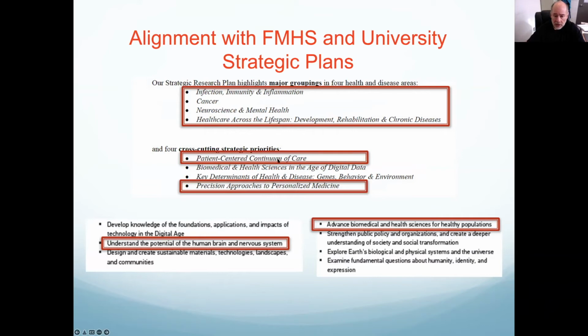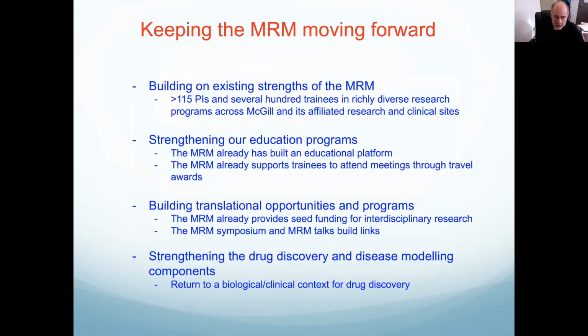Patient-centered continuum of care: what I've been talking about are precision approaches to personalized medicine and patient-centered medicine. And then understanding the potential of the human brain and nervous system. I've talked a bit about heart, but there are many efforts at McGill to model disease in the nervous system, right? And then advanced biomedical and health sciences for healthy populations. I think that we fit really well into the university's strategic plans.